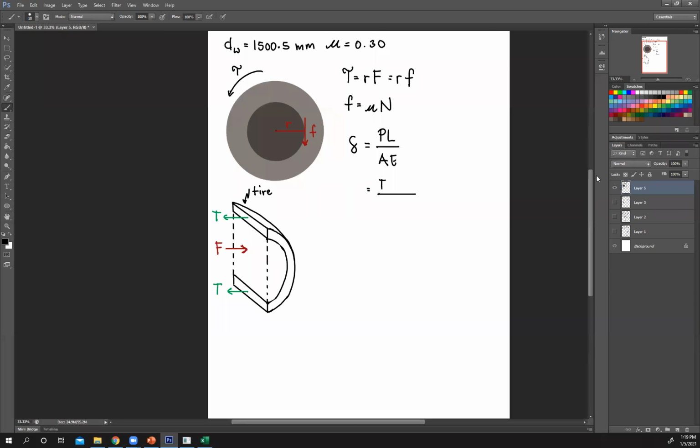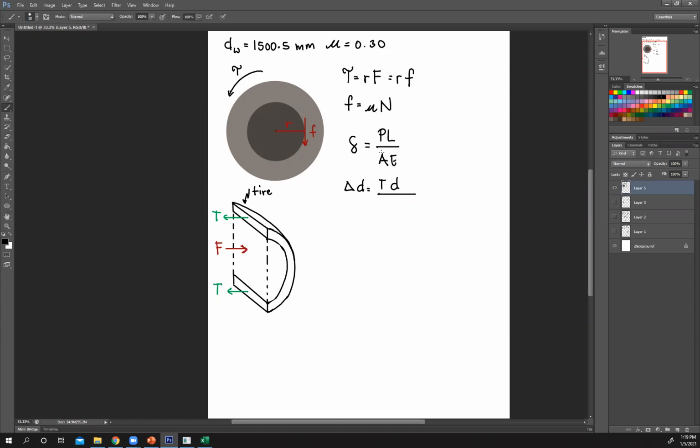Or in actuality, it's the circumference of your circle that is changing. But since diameter is the same in all directions, you can just use diameter as well. So this is change in D.